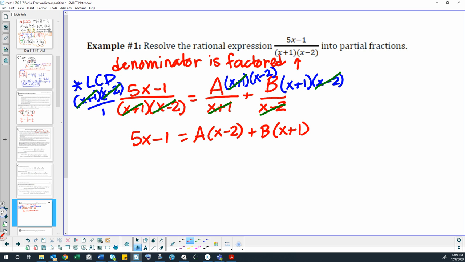Okay, so one way to do this type of problem is to actually distribute the A through the parentheses and the B through the parentheses, and then line them up by type with our 5 and our negative 1. I like to use a different method called the convenient x method. Do you want me to show you both ways on this one problem?